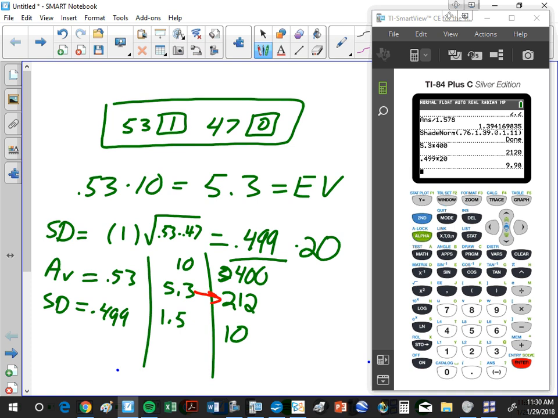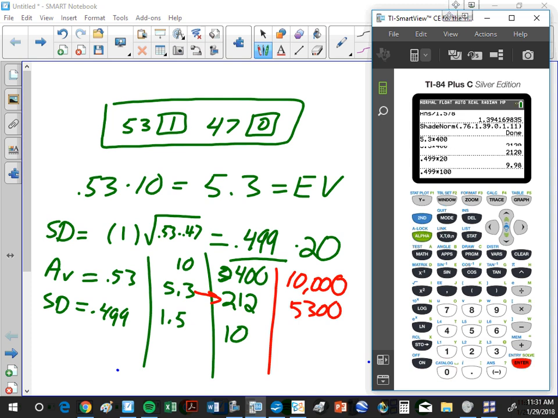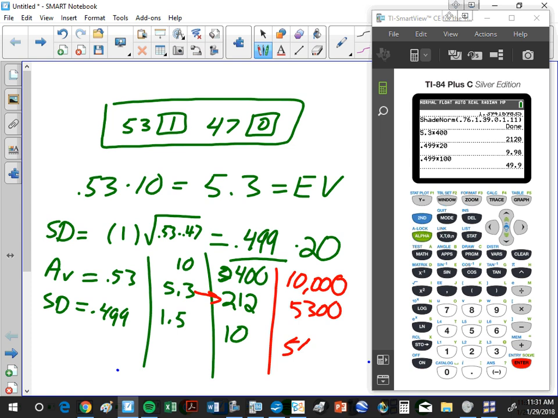And let's actually do 10,000 draws. In 10,000 shots, how many is he expected to make? 5,300, that's 10,000 by 0.53. But 0.499 times the square root of 10,000, which is 100, so you get 50. So see how much this grew from here to here?